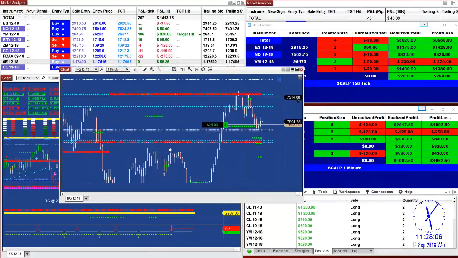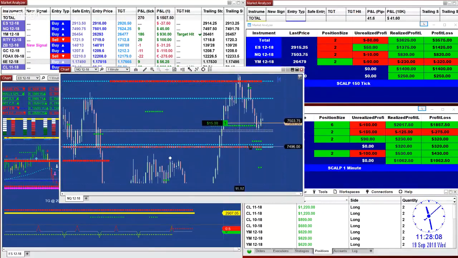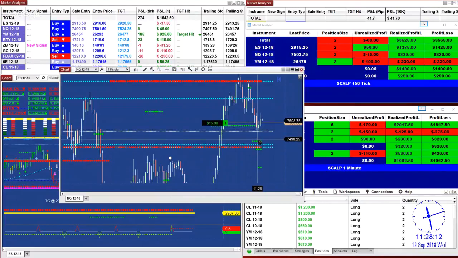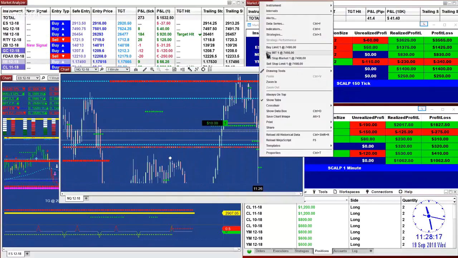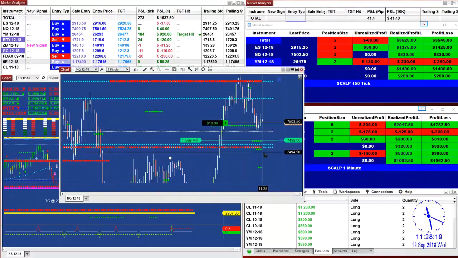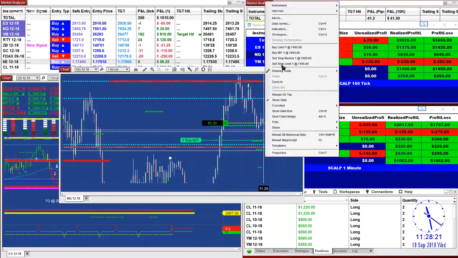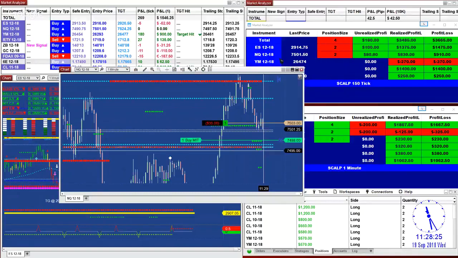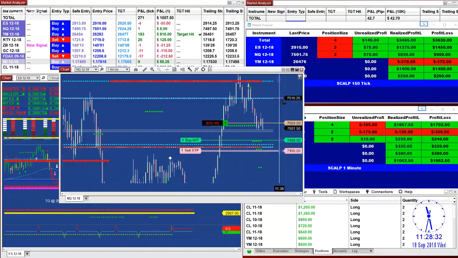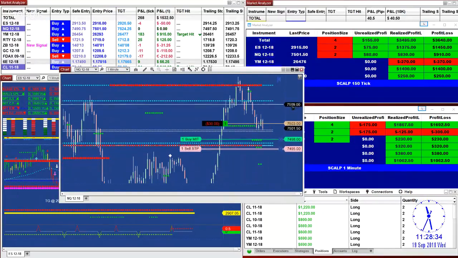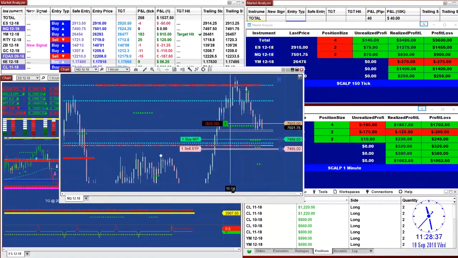And if you can afford to take more than one contract, you take one more here, and then both of them, sell right there. Two contracts you can do. This is one of the things you can always do, take two contracts.